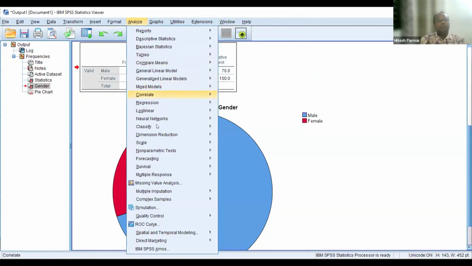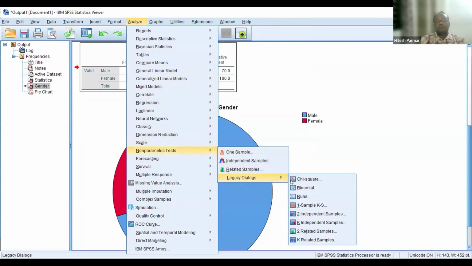Then for non-parametric tests we also have these: two independent samples is our Mann-Whitney U test, K independent samples is our Kruskal-Wallis test, two related samples is our Wilcoxon signed-rank test, right?